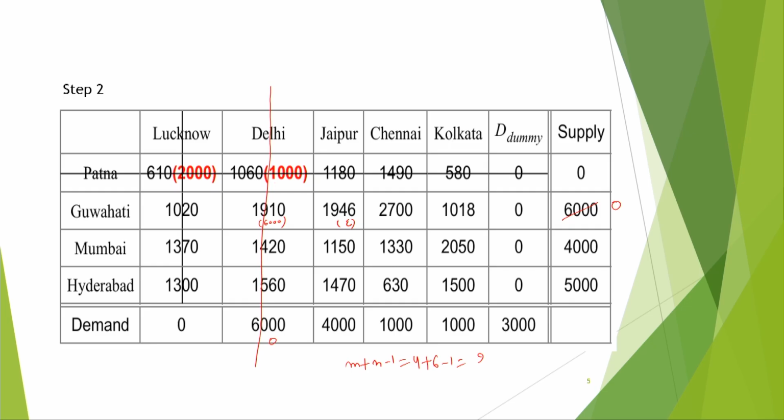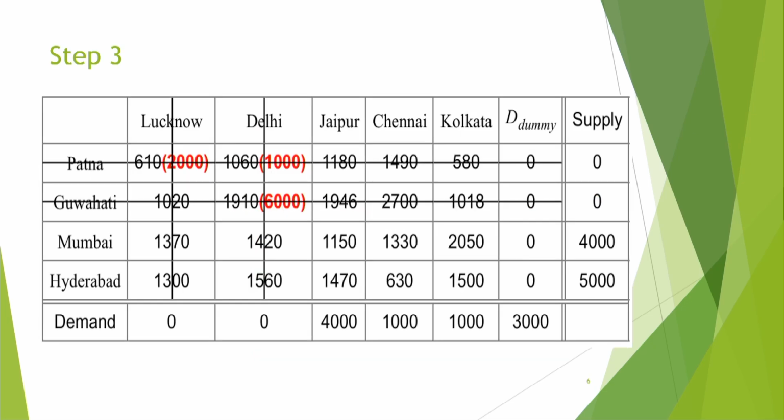So let us go to the next slide, what I have done in step 3. In step 3 you see I allocated 6000, but somehow in the solution, maybe that I generated with some software, or maybe with my teaching assistant, whatever it is, he has struck off both the things, he made that cost Delhi also and Guwahati also, okay.